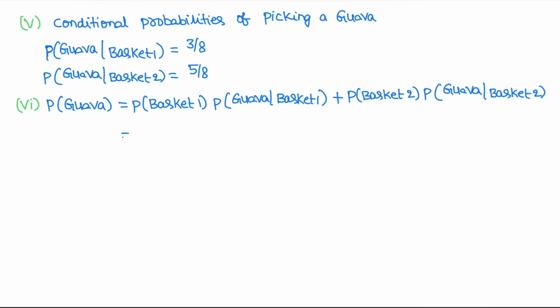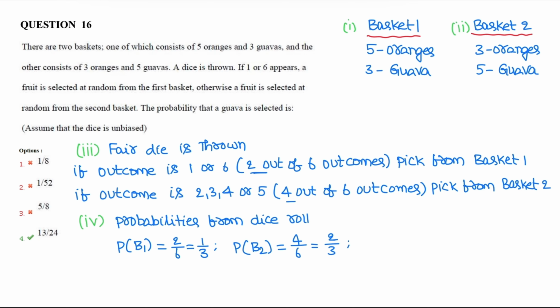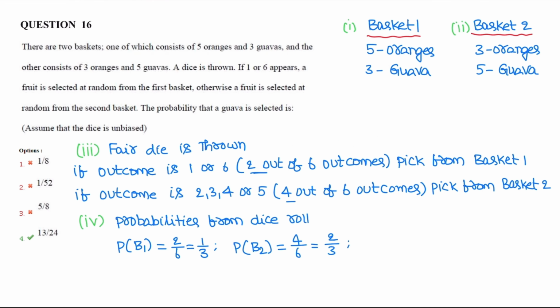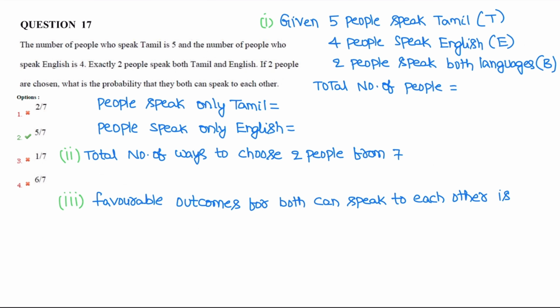Now the probability of picking a guava is, for basket 1, P(B1) is 1 by 3, so 1 by 3 into 3 by 8, plus the probability of basket 2, there are 4 outcomes, 4 by 6, that is 2 by 3, 2 by 3 into 5 by 8. So its value is 3 by 24 plus 10 by 24, that is 13 by 24. The probability that a guava is selected is 13 by 24. Correct option is 4. Next question.